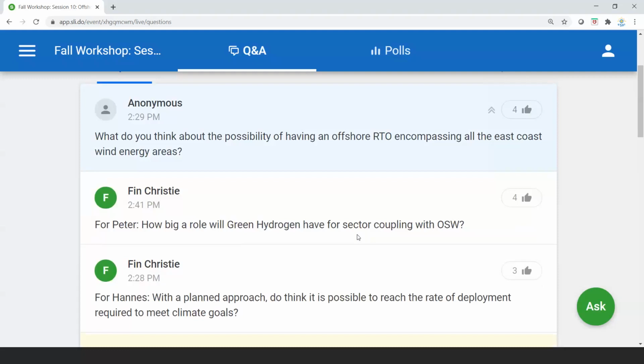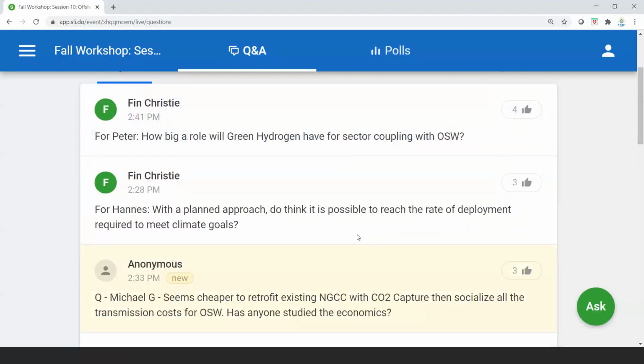Yeah, I think in future we'll have quite a large role. What we see today is that there is around 20 gigawatt of offshore wind to an area that you can compare with the US East Coast when you look at electricity consumption. So you can say the first 20 gigawatt of offshore works fine, we can integrate it in the system.